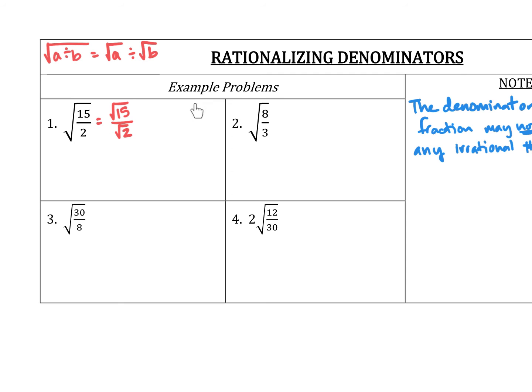So what we're going to do is called rationalizing the denominator, and we're going to multiply this fraction times a special version of 1. And we're allowed to do this because when you multiply by 1, you're not changing the value of a number, right? 1 is considered the multiplicative identity, which means that if I multiply something by 1, its value doesn't change.